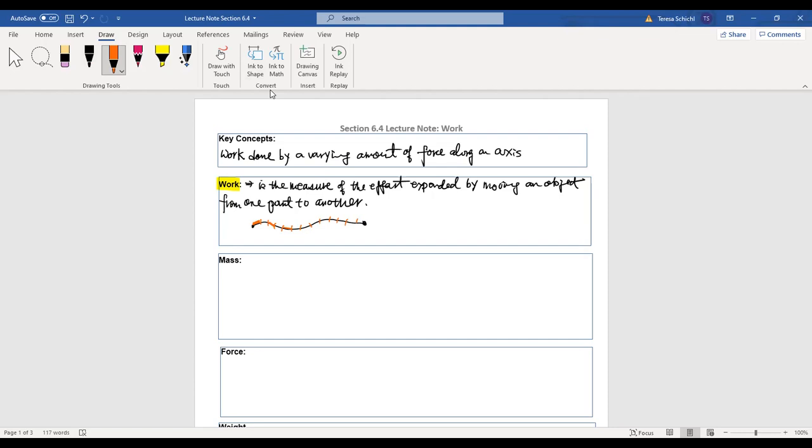When you do this summation of sub-intervals, that's why we know the total amount of work can be determined by a definite integral. So the work definition is the total measured effort of moving the object from one point to another.